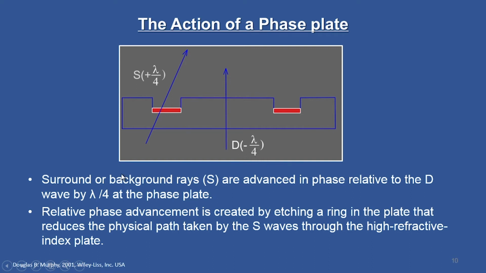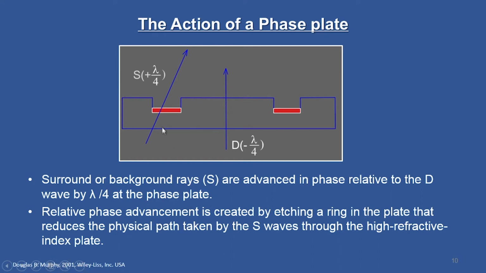So, the surround and background rays S are advanced in phase relative to the D wave by lambda by 4 at the phase plate. The relative phase advancement is created by etching a ring in the plate that reduces the physical path taken by the S wave through the high refractive index plate.